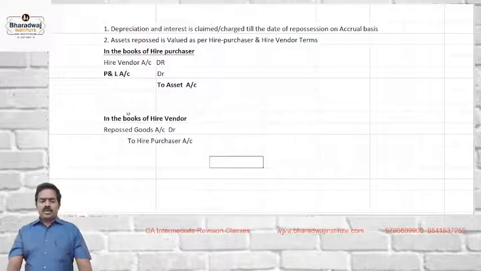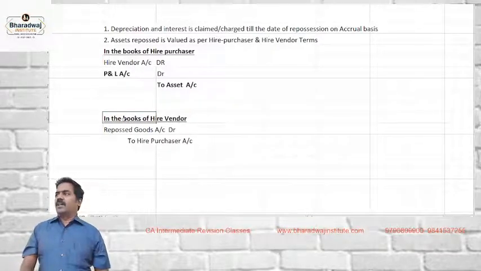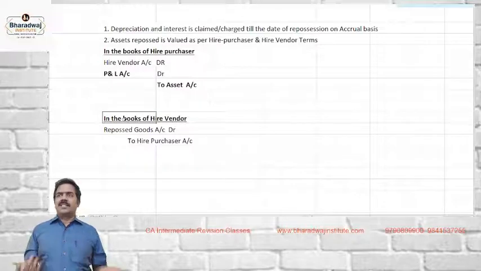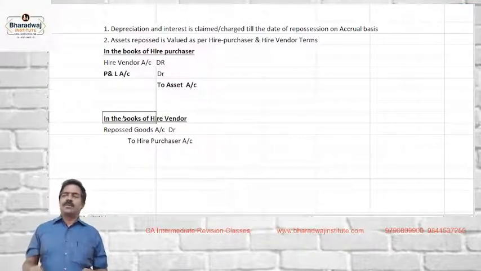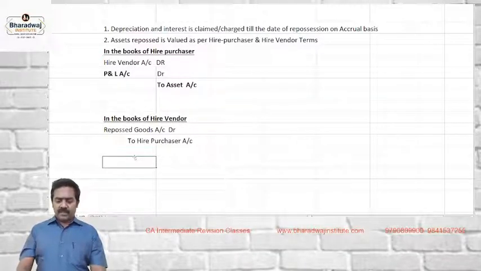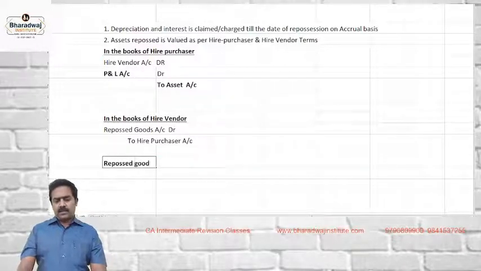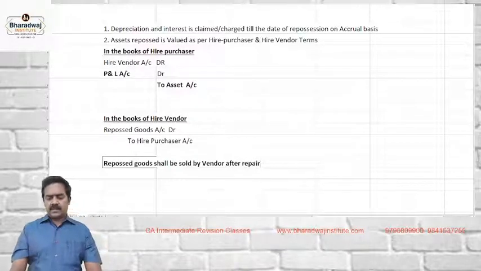So what will the hire vendor do with these repossessed goods? He will recondition them and sell them. Same as seized vehicles, they do some tinkering or painting, some repair work, and they sell them for a profit. Repossessed goods shall be sold by the vendor after repairs, if any.